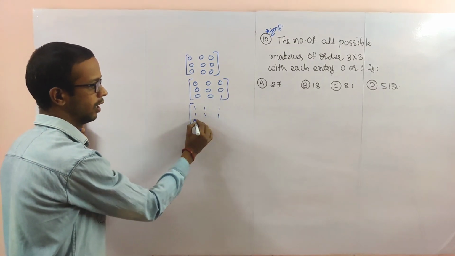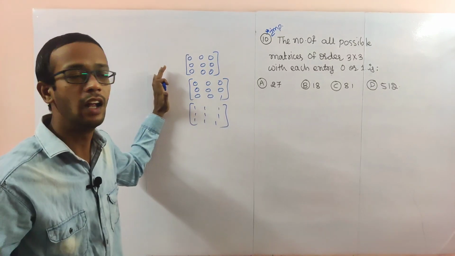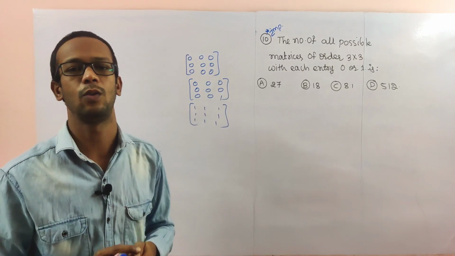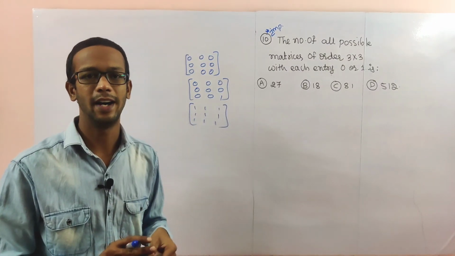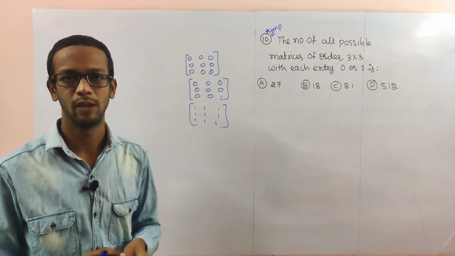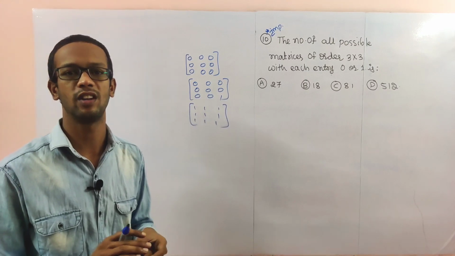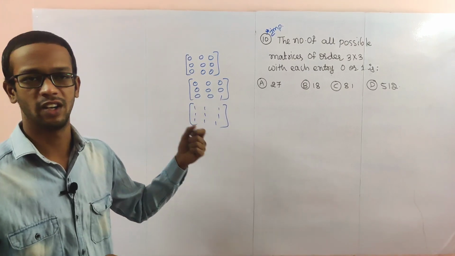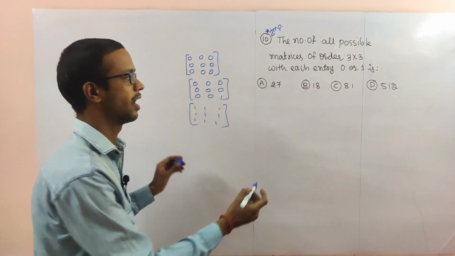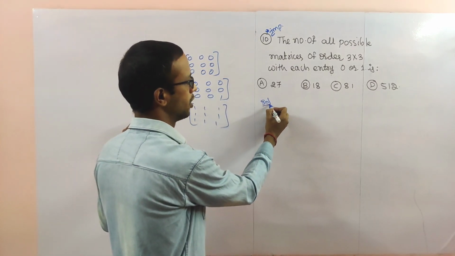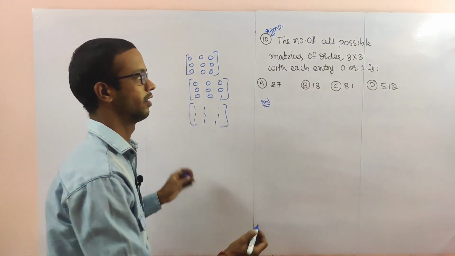All ones also you can take. Next two ones, three ones, like this, different 3 by 3 matrices. How many do we have to construct? Writing them out is not possible. So we have to find this using the permutation and combination concept. Very simple solution. It is a one mark question, asked a lot of times, and CET type questions also. These types are important for CET.